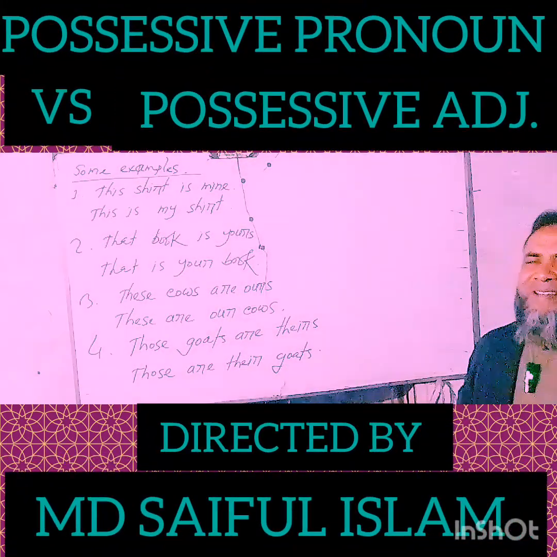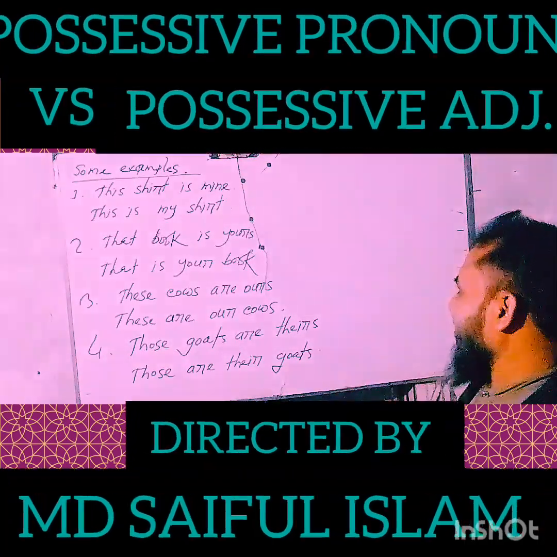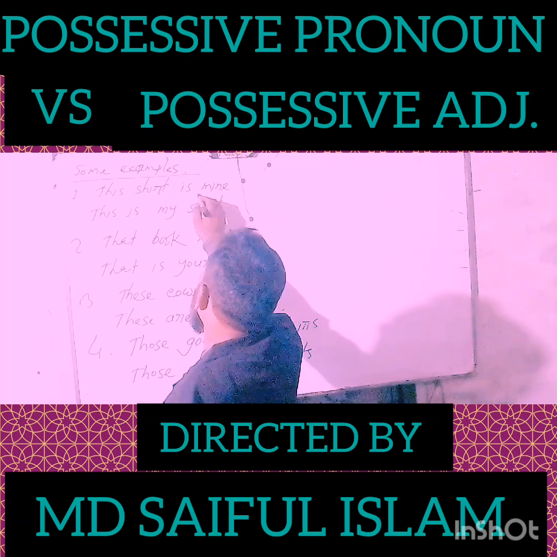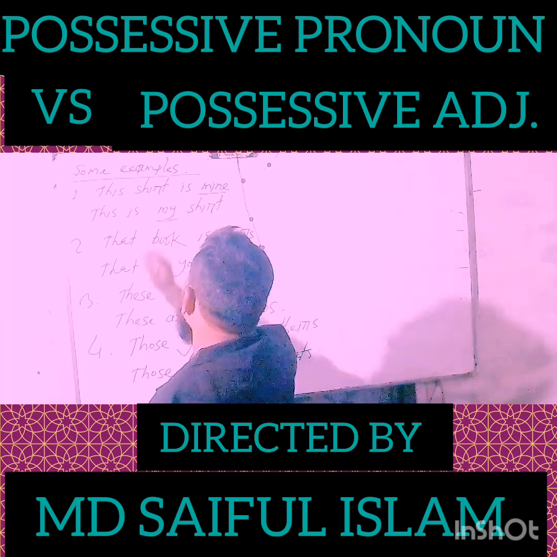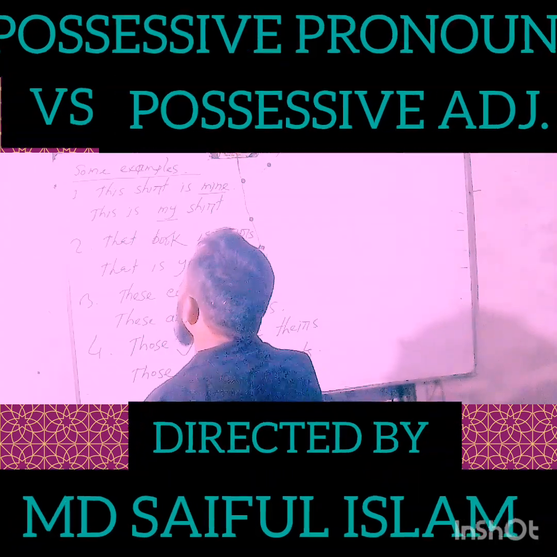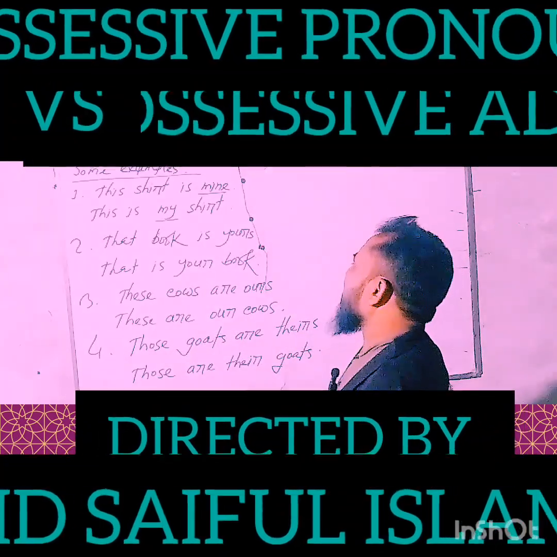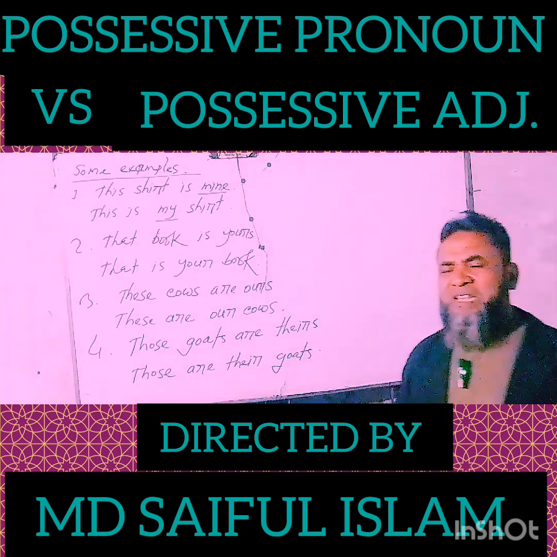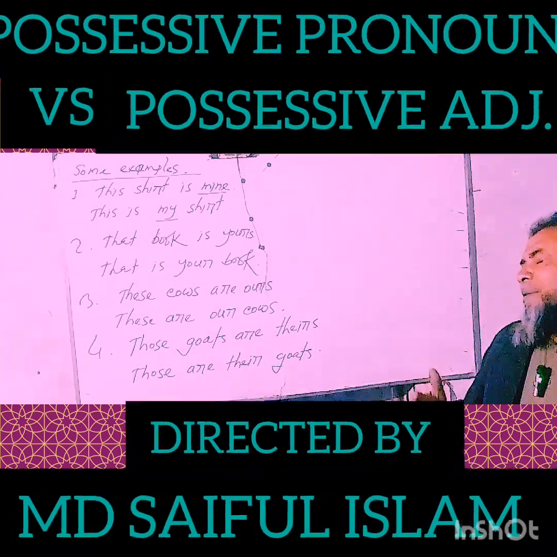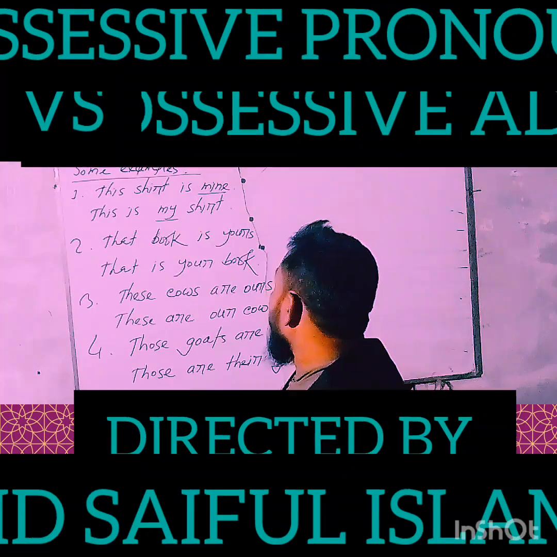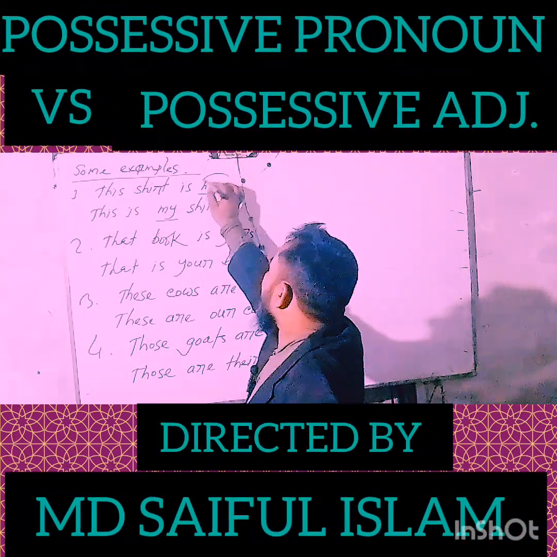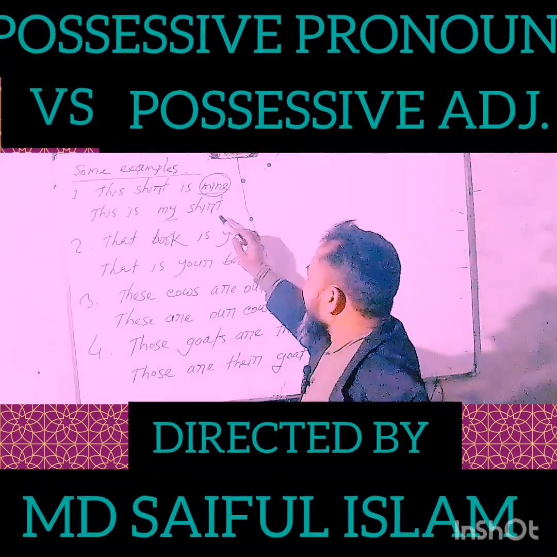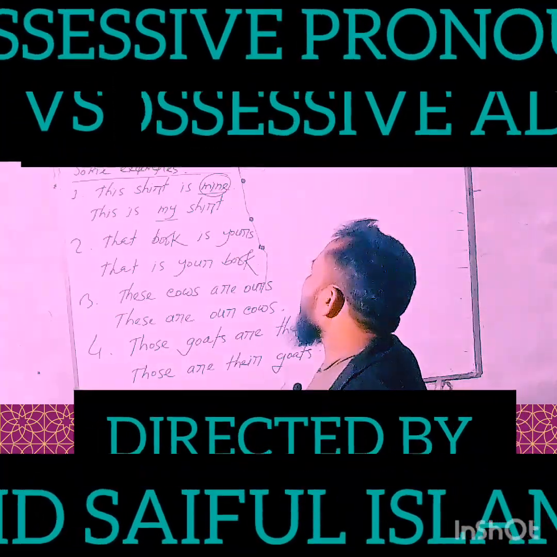So, my dear learners, take a look at the board and try to understand. First example, my dear learners: this shirt is mine. Underline mine, and next, my. If you are told to name the parts of speech of mine and my, I know you will be able to reply, but I want to add something here. I can say that mine is, of course, a possessive pronoun, because in this sentence mine indicates the ownership of a thing.